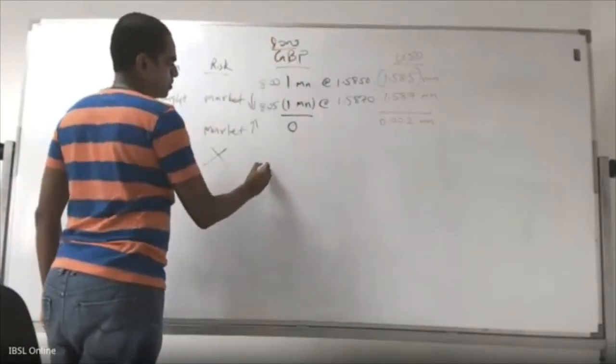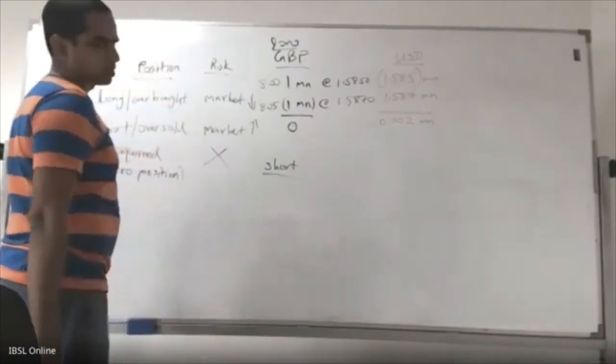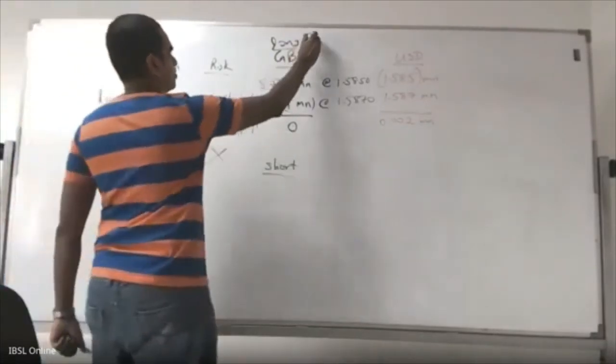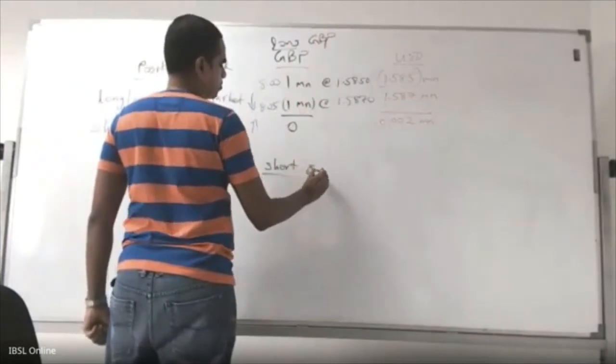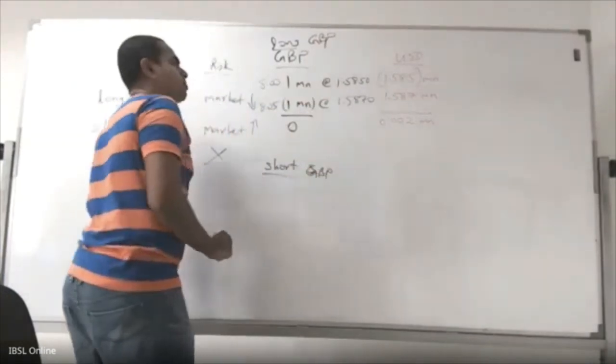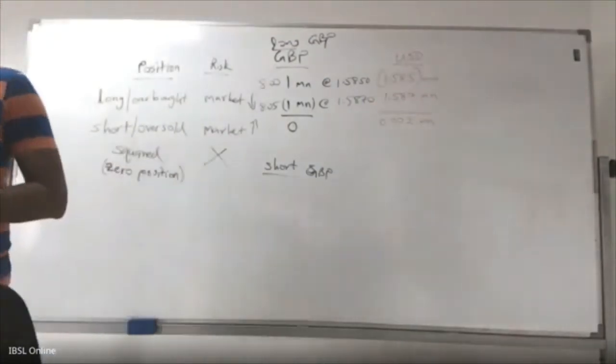Now let's see what will happen if you had gone short. Short sterling. This is long GBP. Now let's see what happens when you go short sterling.